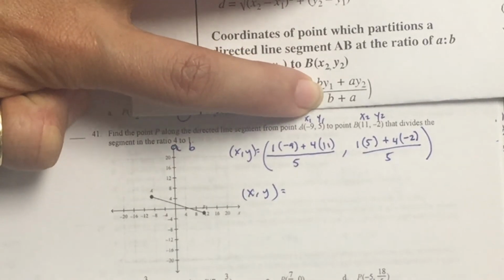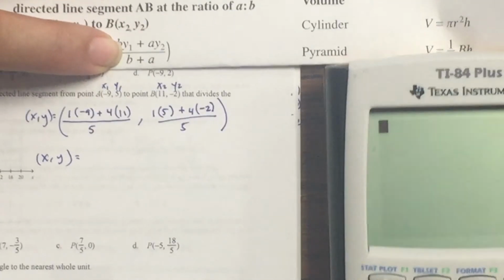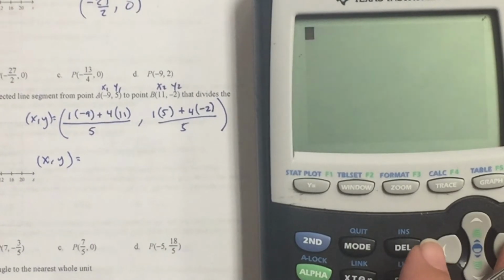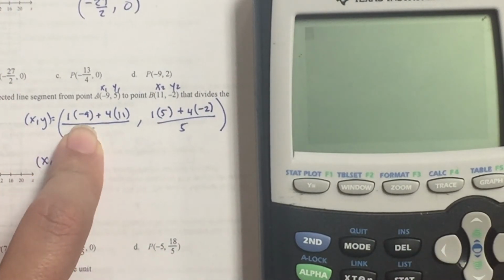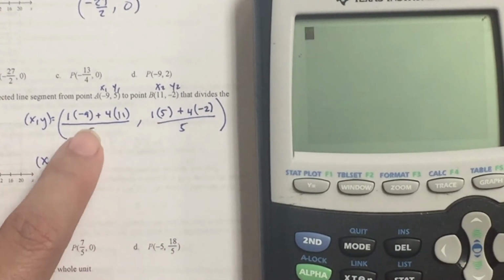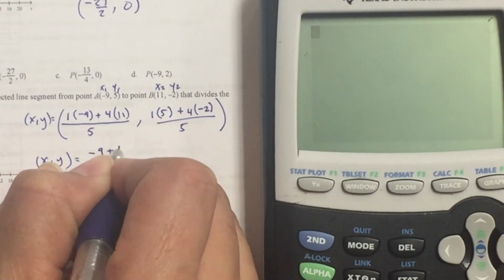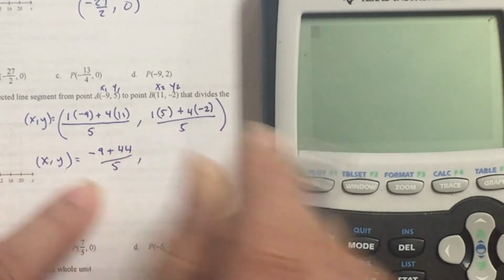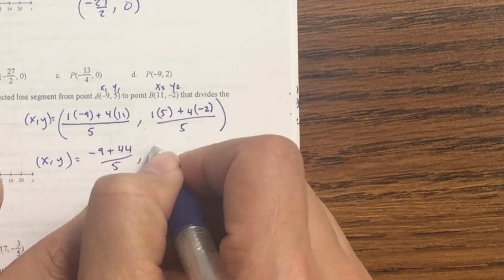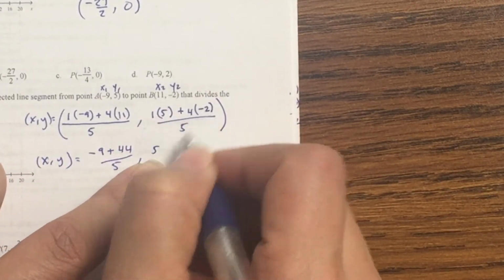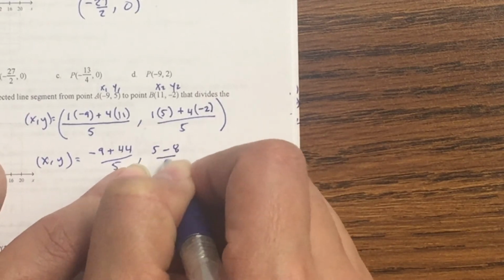And then you just punch that in the calculator. So 1 times -9 is -9, plus 4 times 11 is 44, over 5. 1 times 5 is 5, 4 times -2 is -8, over 5.